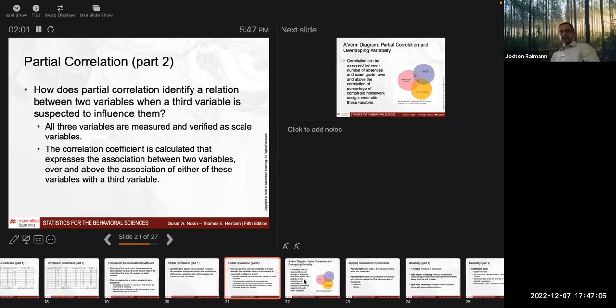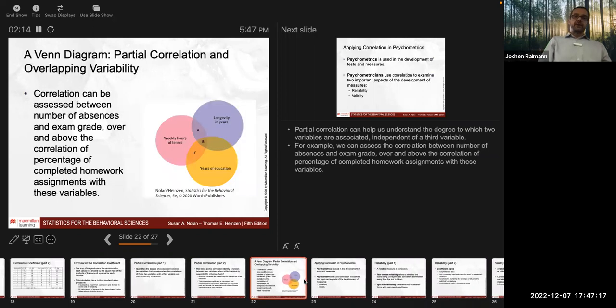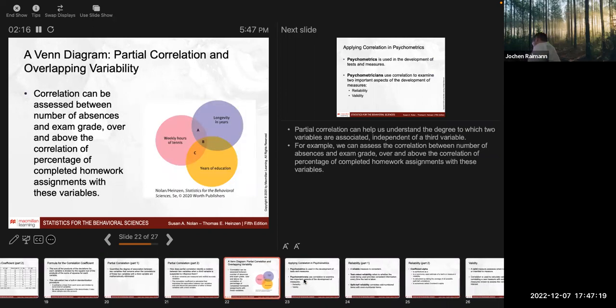So you get the association between two variables, and you have the possibility to tease out the weight of each of these variables, and you can come to a percentage of contribution to that dependent variable. This can be displayed by a so-called Venn diagram.